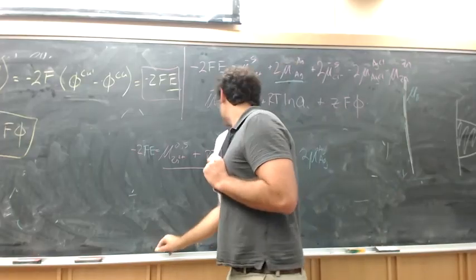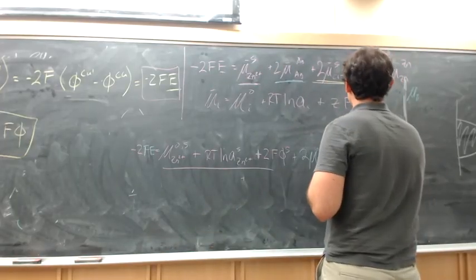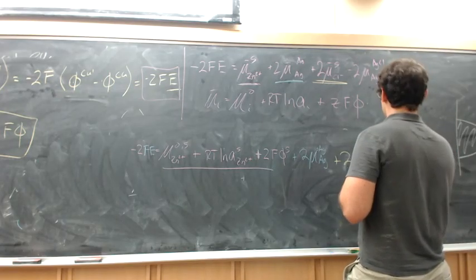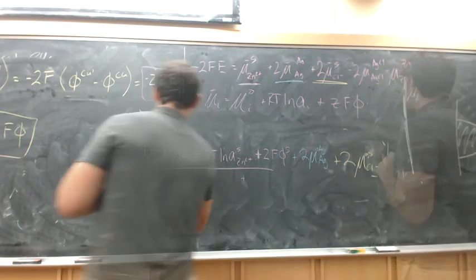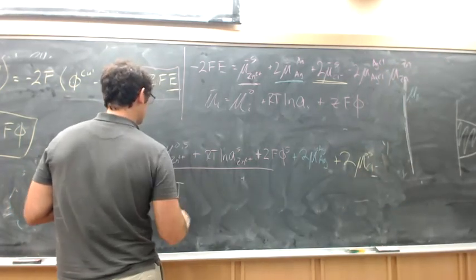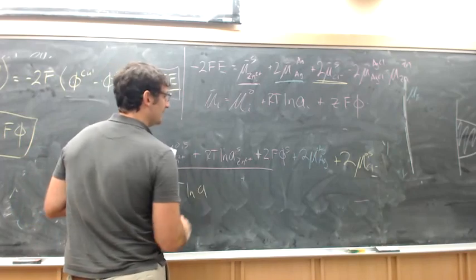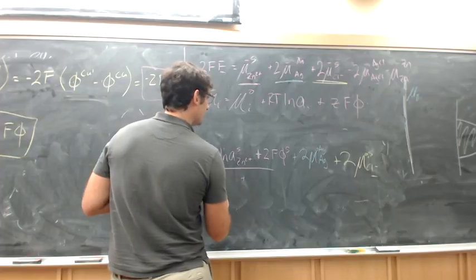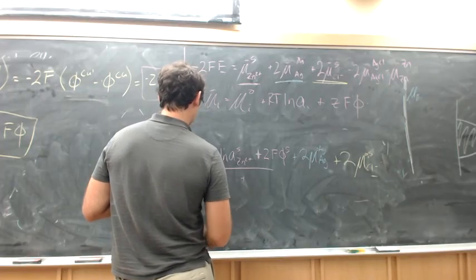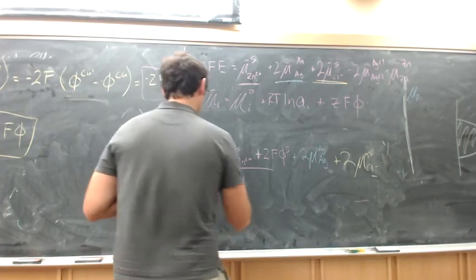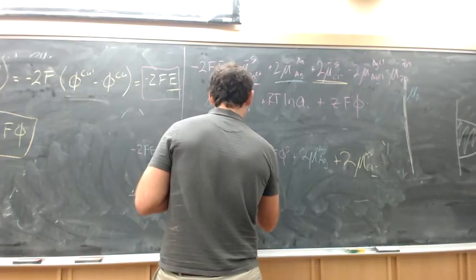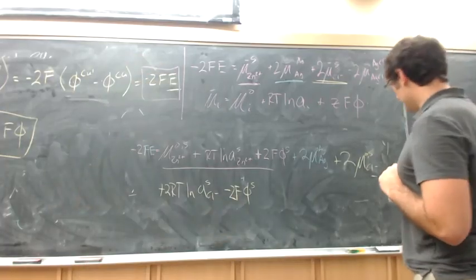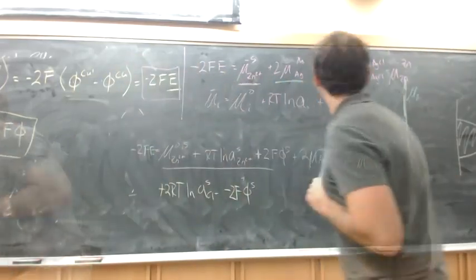And then the next term, I have to write plus 2 mu Cl minus naught plus 2 RT ln a Cl minus in solution, minus Fφ solution, times 2.